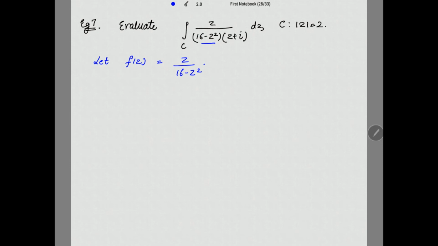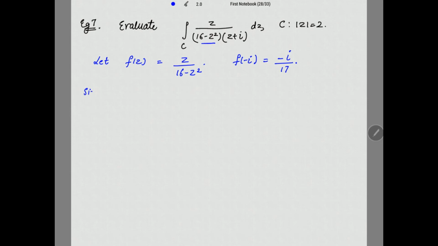Okay, and since the point minus iota lies inside the circle, we need f of minus iota. Just put minus iota here. This will be minus iota over 16 minus iota square, that is 17. Fine.